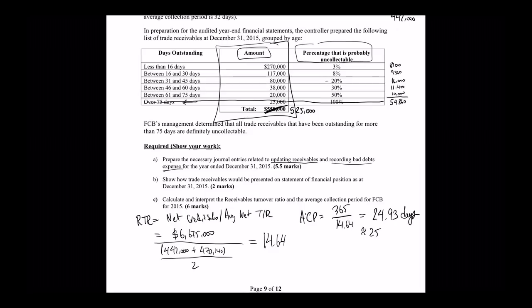So how do we interpret it? On average, FCB collects its accounts receivable 14.64 times per year, for an average of once every 25 days.